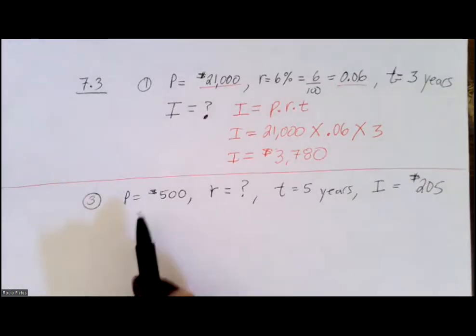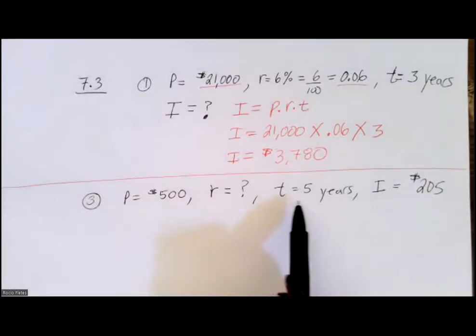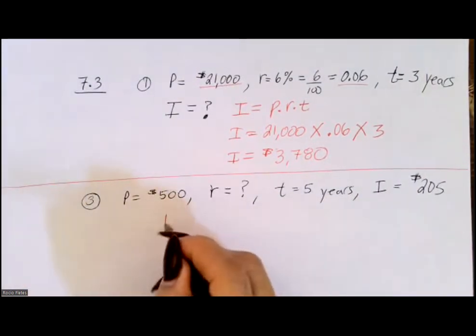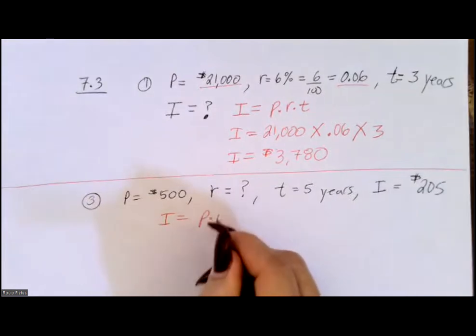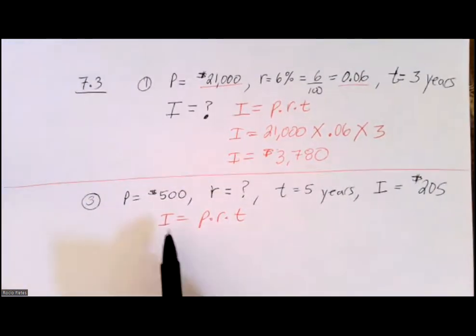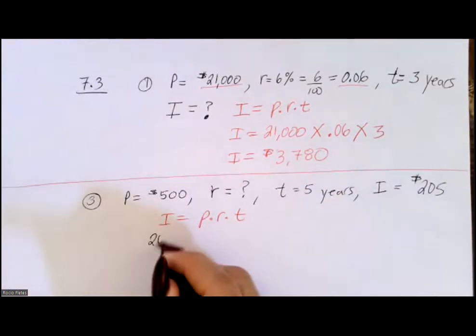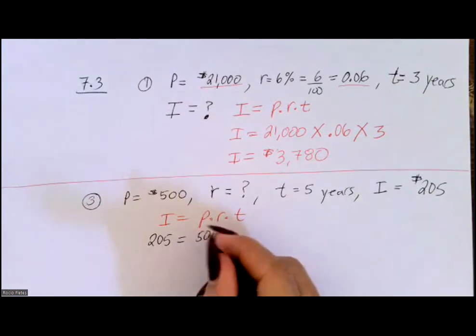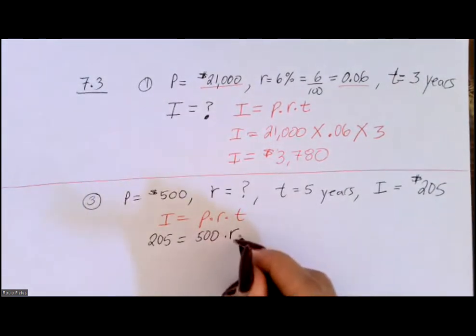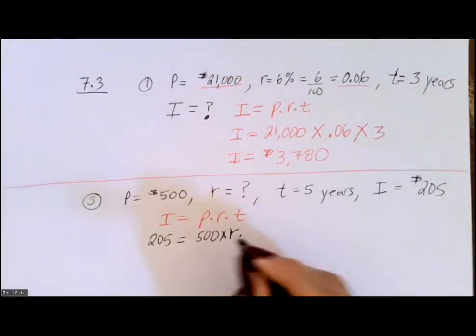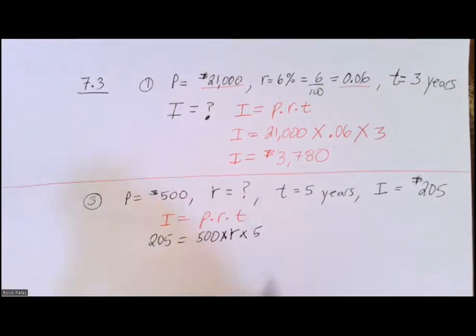And so we write what we know. The formula again is I equals P times R times T. We know that I is 205, so we plug that in. The principal is 500. The interest rate, I'm looking for that. The time is 5 years, so I'm going to multiply all that.